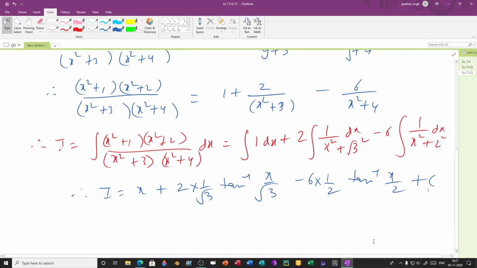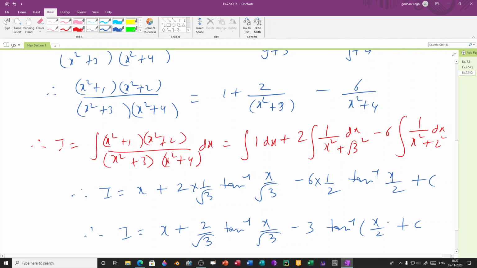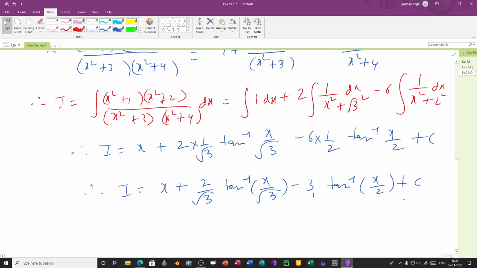Further we can write I equal to x plus 2 by root 3 tan inverse x by root 3 minus 3 tan inverse x by 2 plus c. So this is our final answer, and with this question number 18 is complete.